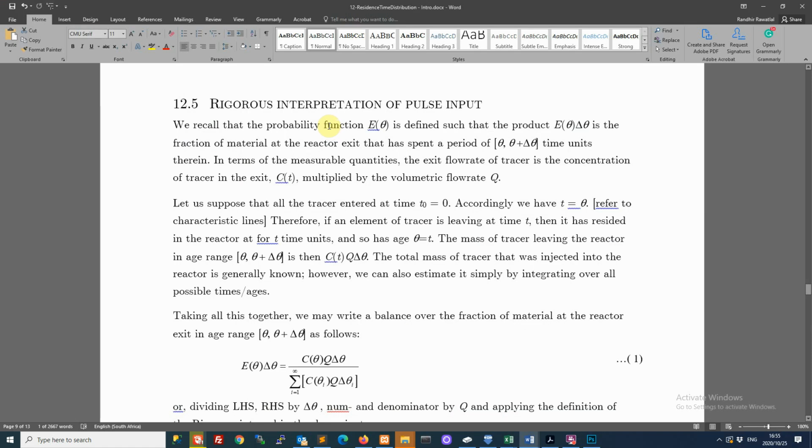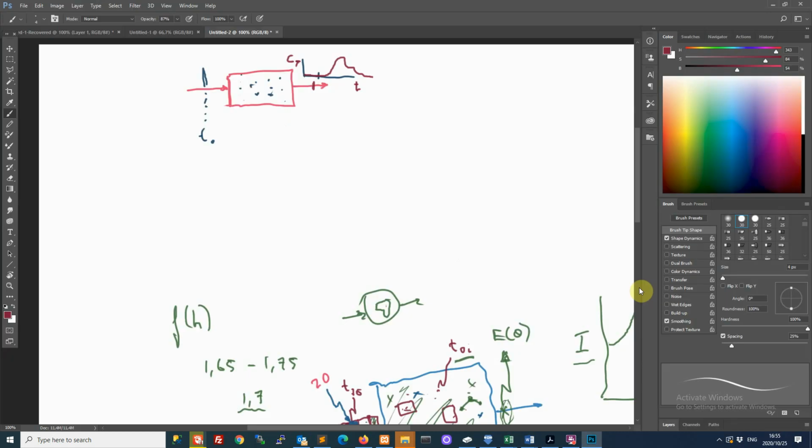Now let's think about the mass balance that we can write for that. First off, there is a certain amount of tracer that has entered in the first place, but let's think about the exit point at some time t.